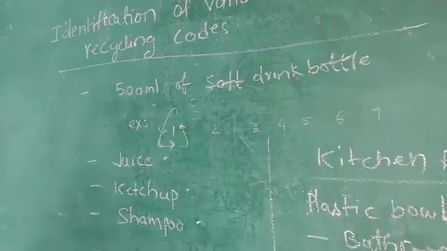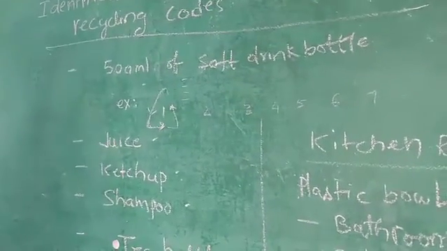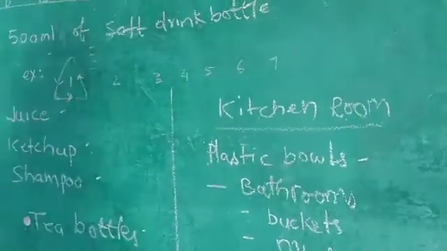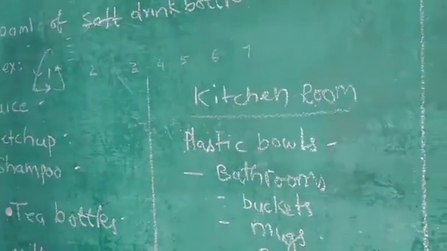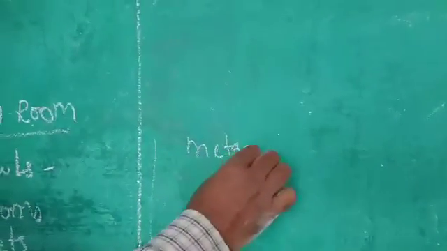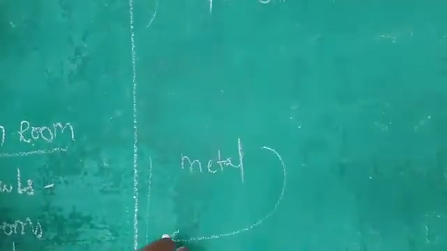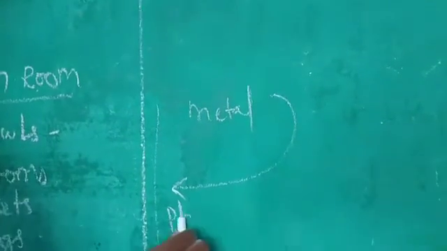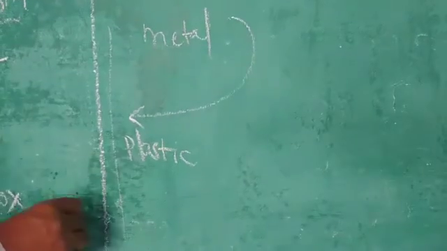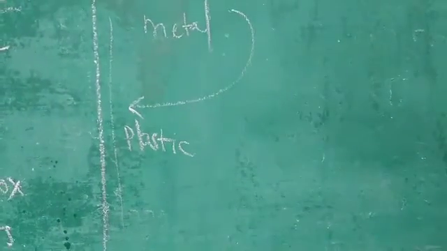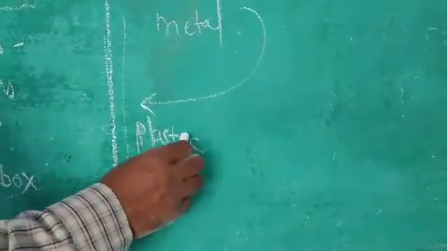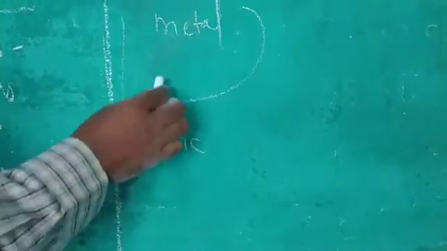Now plastic has taken the place occupied by metals. Previously these were all made of metals, and they were replaced by plastics. Why are they now occupied by plastic? Because of the low cost, they are affordable and easy to work with.